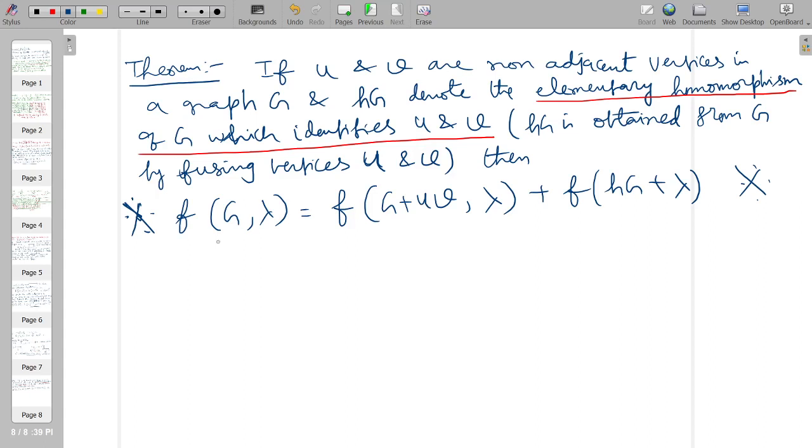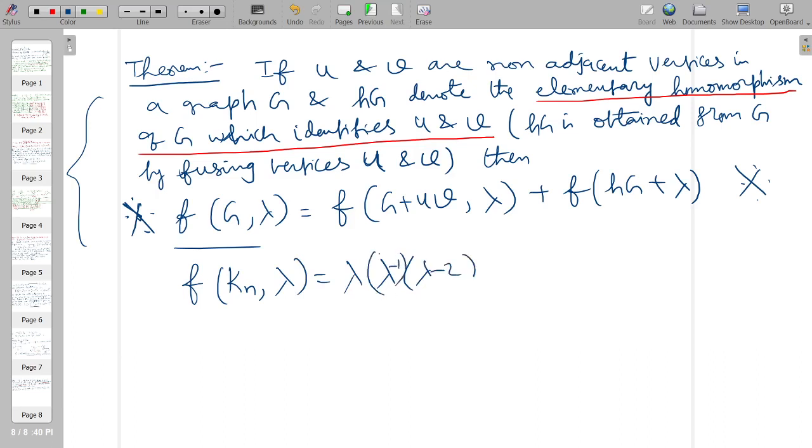You have to remember this statement, statement number one, and then you have to remember the chromatic polynomial of a complete graph on n vertices: lambda into lambda minus 1 into lambda minus 2, and so on, up to lambda minus n plus 1.